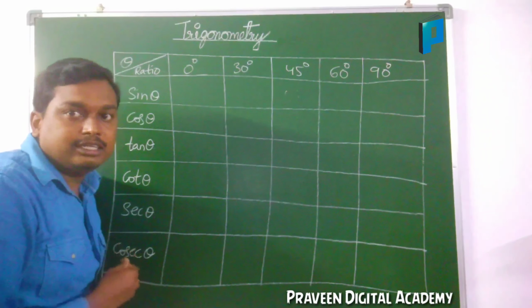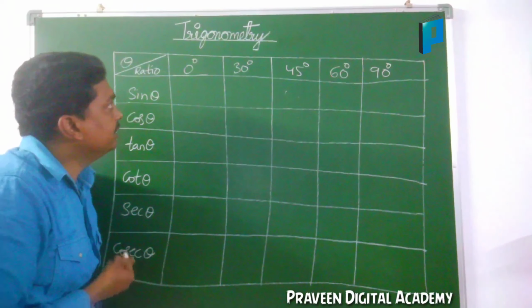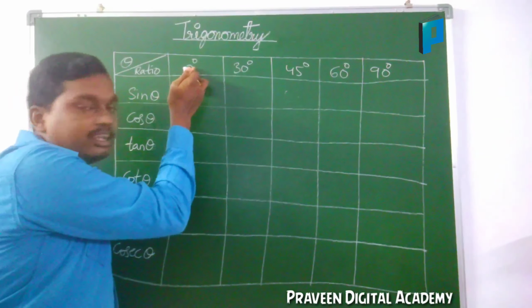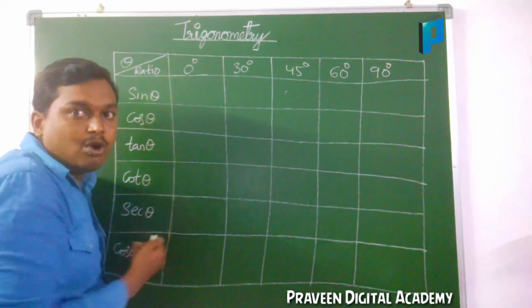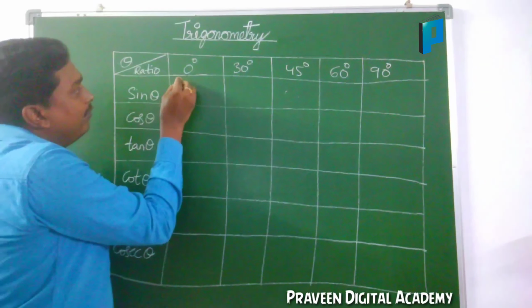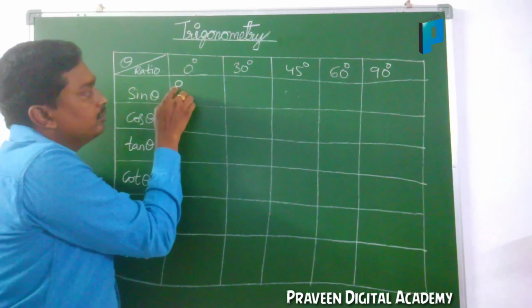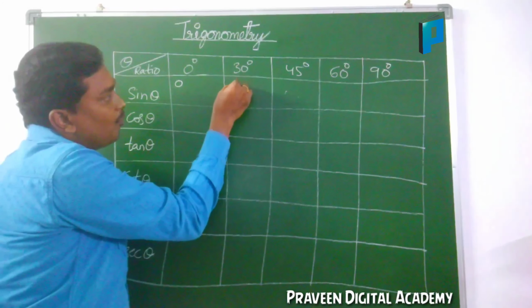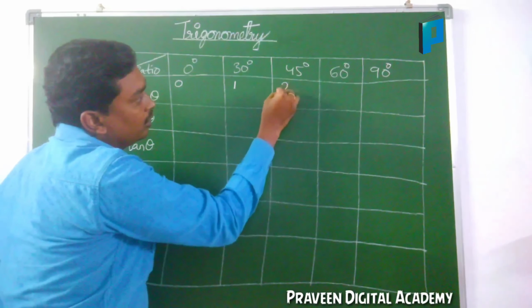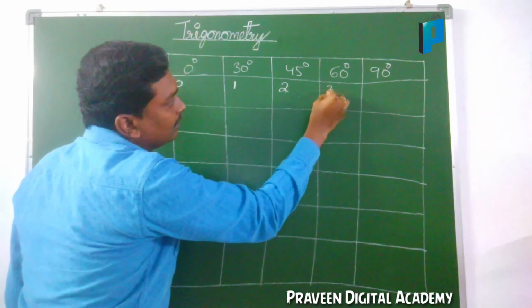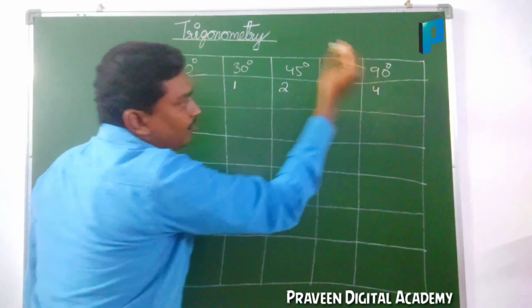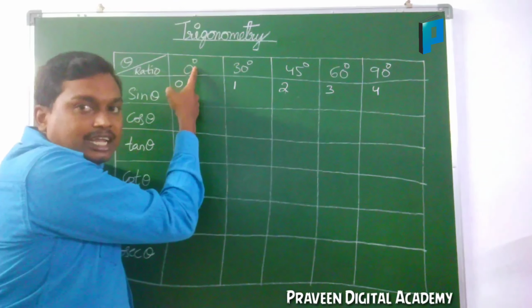Now let us see the shortcut method. Here we are starting with the 0 angle, so I will write 0. After 0 we get 1, after 1 comes 2, after 2 comes 3, after 3 comes 4.